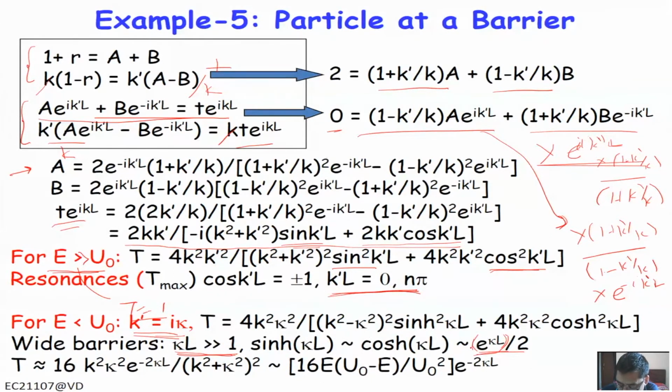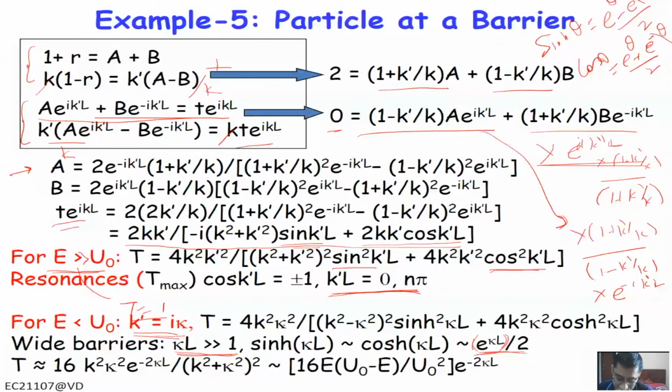Because sine hyperbolic theta is e to the power theta minus e to the power minus theta, divided by 2, and similarly cosine hyperbolic theta is e to the power theta plus e to the power minus theta, divided by 2. So if kL is theta and is very large, then you can neglect this term, and both become e to the power kL by 2.